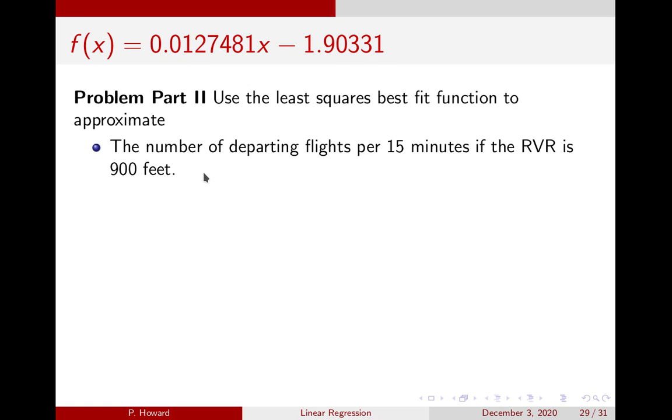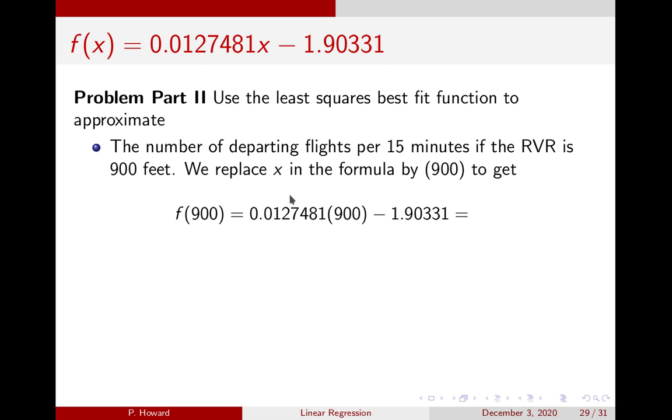Well, this means that using this function, we have to replace x in the formula for f(x) by 900 in parentheses. If we replace x by 900, we get f(900) = 0.0127481 times 900 minus 1.90331, which is 9.56998.